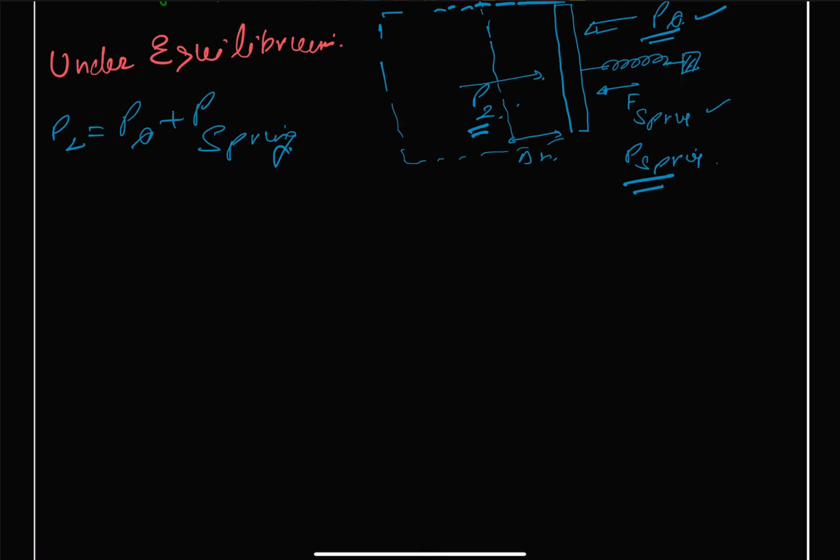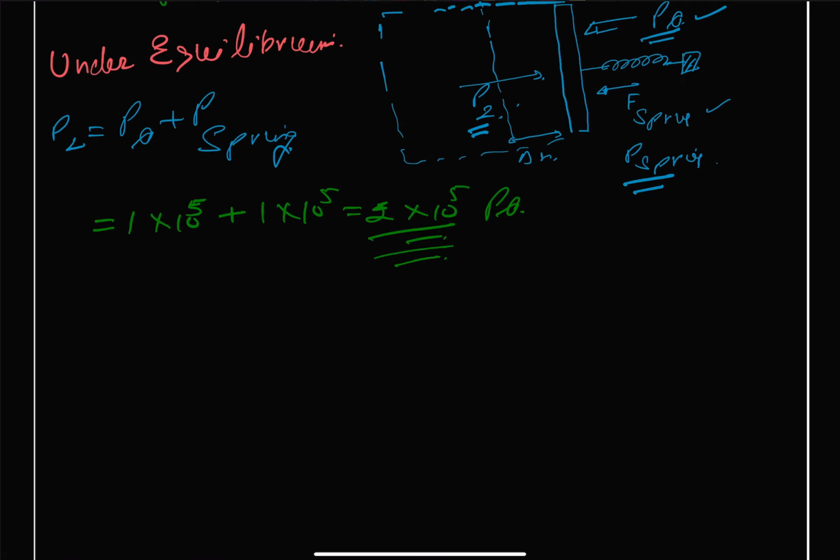We substitute them, we get 1 into 10 to the power 5 plus 1 into 10 to the power 5, giving us 2 into 10 to the power 5 pascals. So this is our final state pressure, that is our P2.